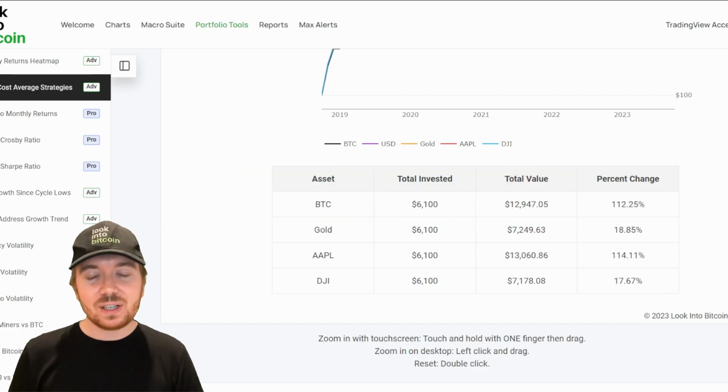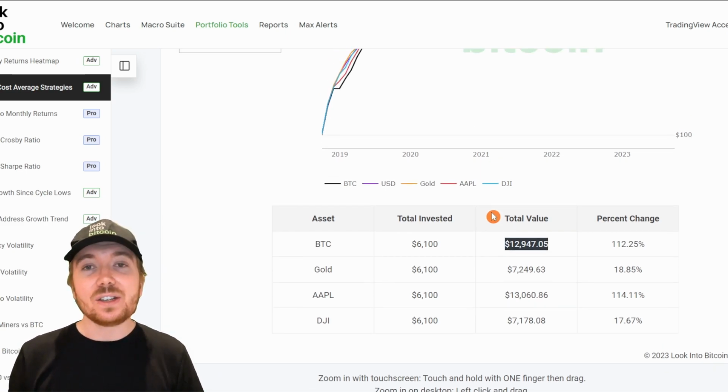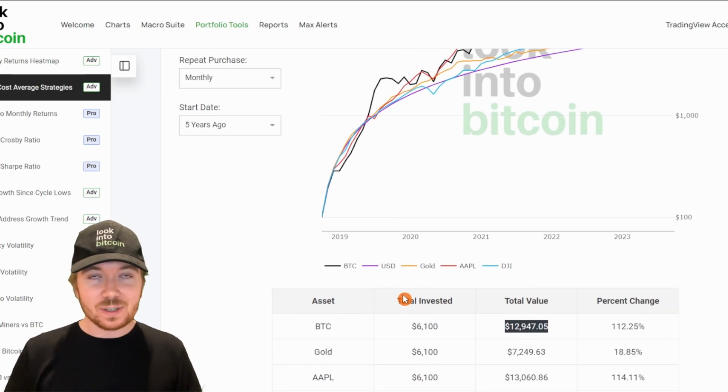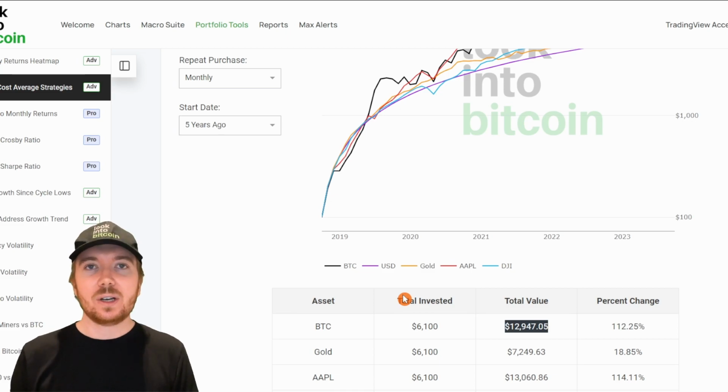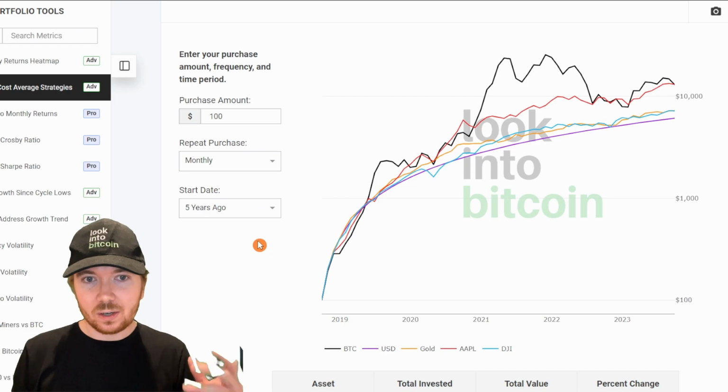It'd have turned that original investment into $13,047. So only about $100 more than just blind dollar cost averaging, which might be a little surprising because you'd think investing at what seems to be the most opportune, highest risk to reward, discounted BTC moment would really massively improve your performance when dollar cost averaging in.